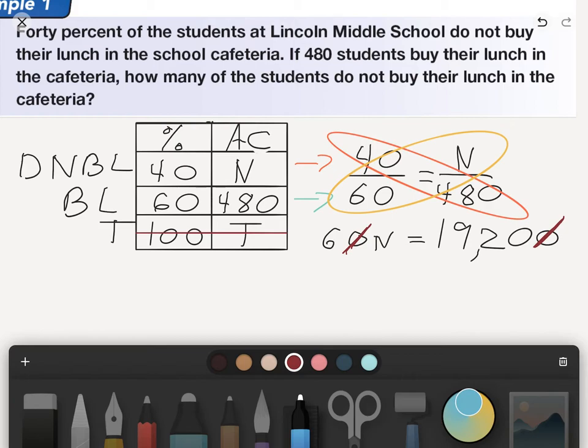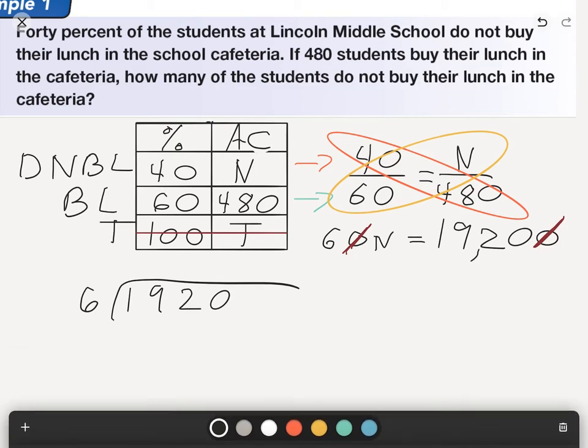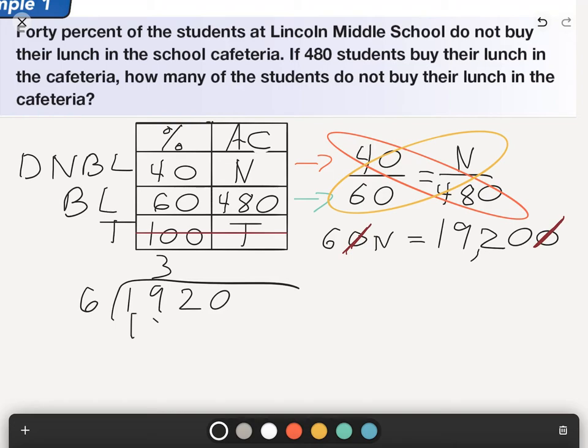And then from there, I can finish it up by just doing it out as a division problem. And so, however you want to do it, is your answer 320?